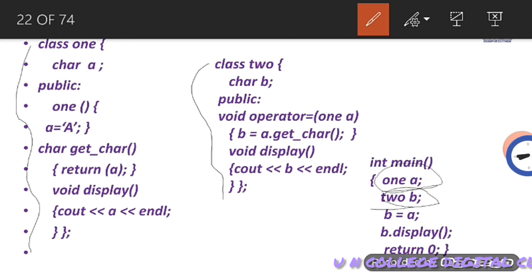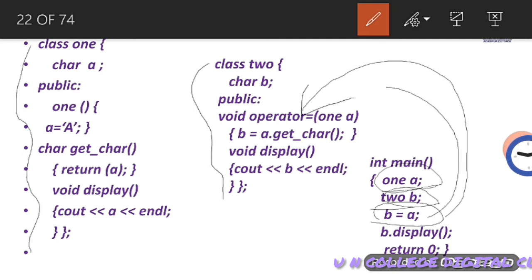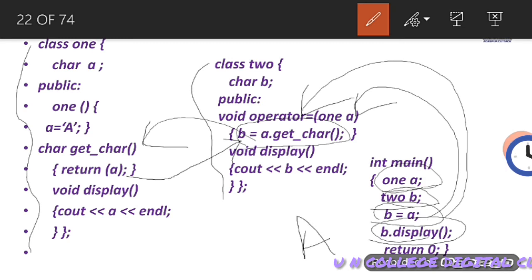When we are writing this particular statement b equal to a, actually what happens, this function will be executed, and this object a will be passed as an argument here and will be stored here, and here what we have done, b equal to get char, and this method will execute and return a. The a value will be returned and stored at b, so that when we are just writing b dot display we will get output a.